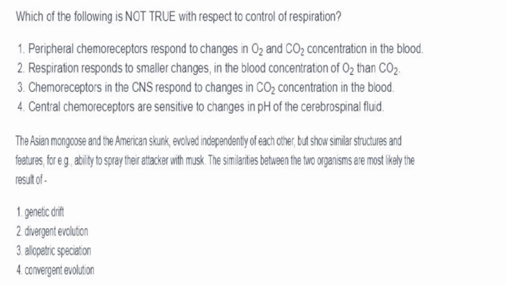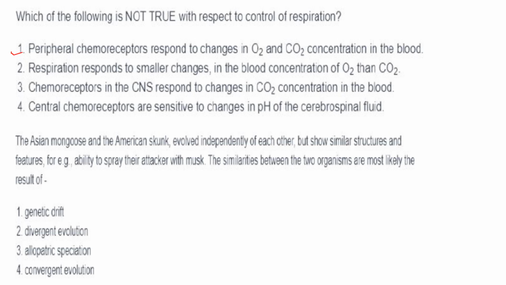Then which of the following is not true with respect to control of respiration? Peripheral chemoreceptors respond to changes in oxygen and carbon dioxide concentration in the blood. Yes, that is correct. They respond to both, and thereby regulate the breathing to maintain homeostasis.